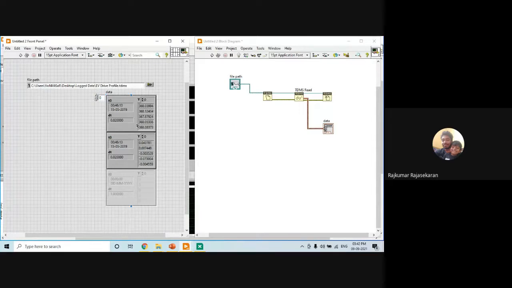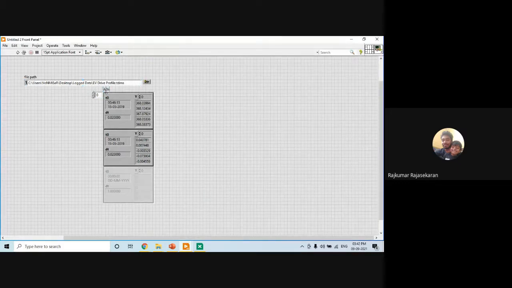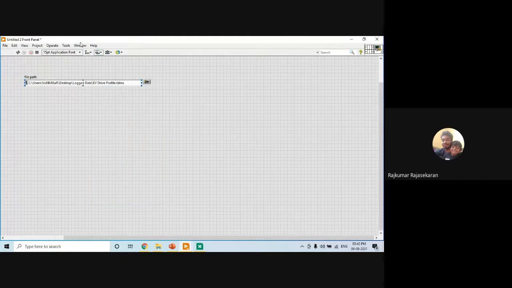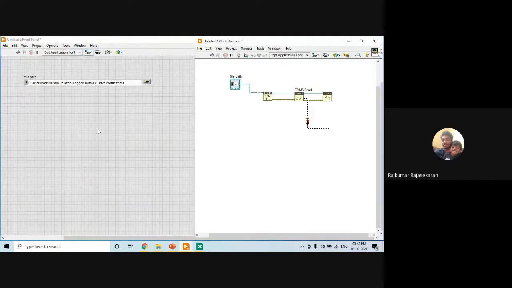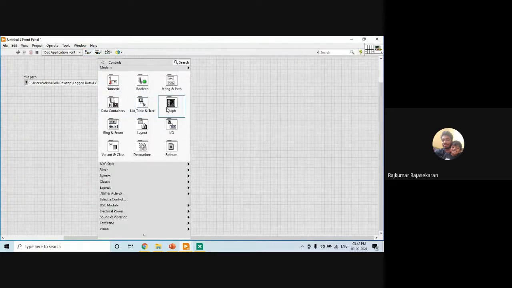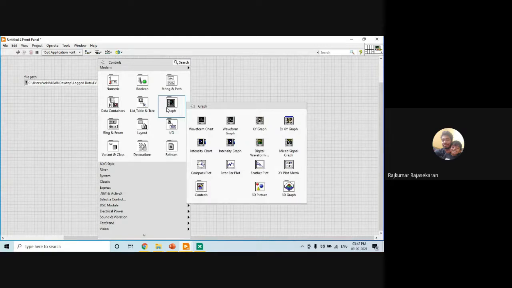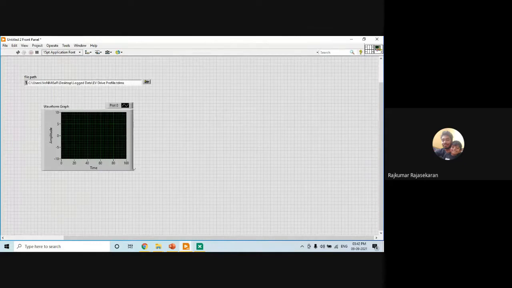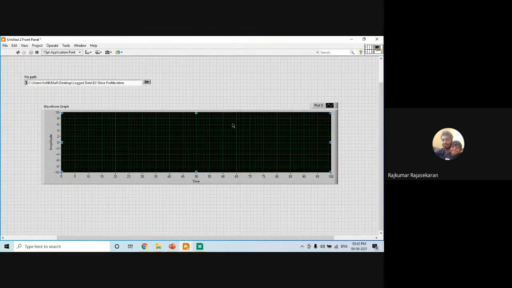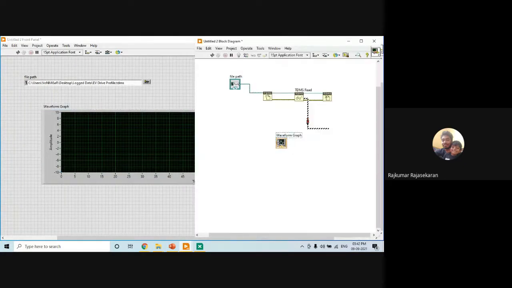Right now, if you see the data like this, it doesn't really make any sense, because we human beings are visual beings. It's better if you see the data visually. So instead of this, what I can do is use a visualization object in LabVIEW called a waveform graph, and it makes absolutely good sense to use it.